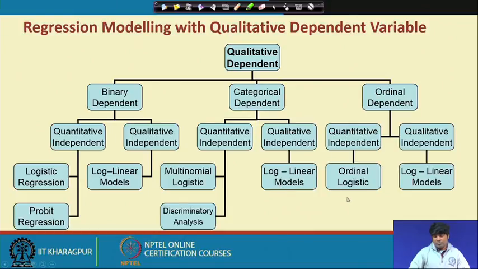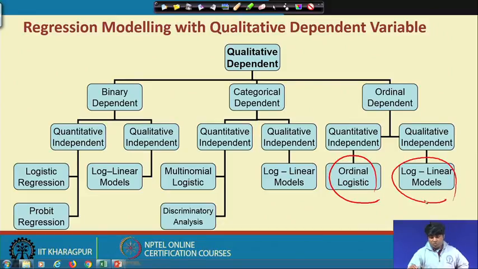In the case of ordinal dependent we have two options: ordinal logistic or log linear models. So in dummy dependent modeling we have plenty of different structures through which you can do the modeling and predictions as per management requirements.